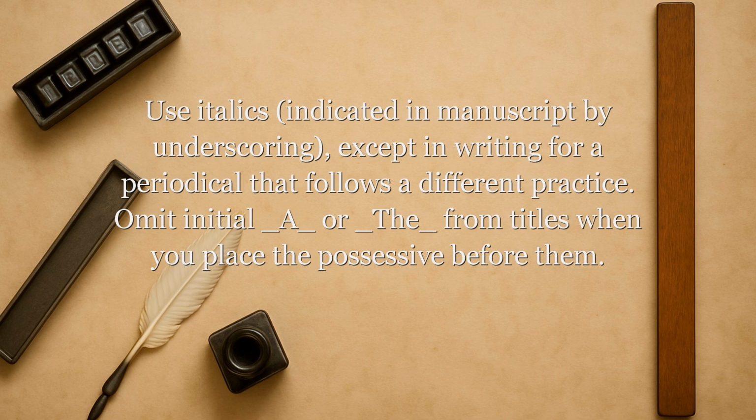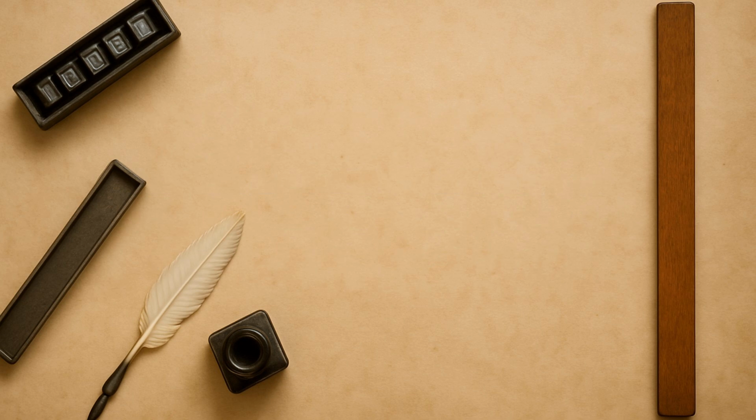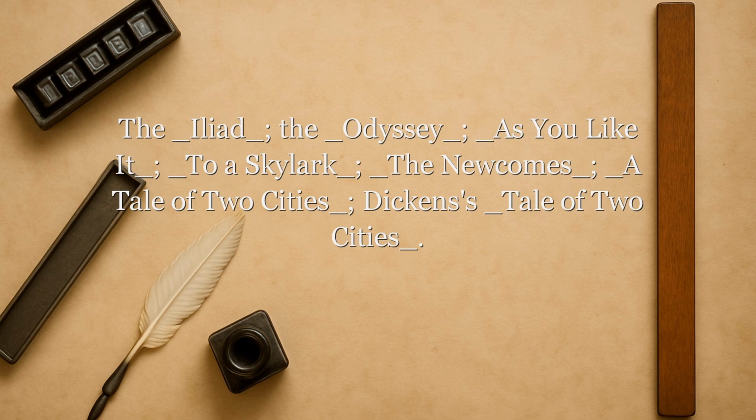Omit initial "A" or "The" when you place the possessive before them: The Iliad, the Odyssey, As You Like It, To a Skylark, A Tale of Two Cities, Dickens's Tale of Two Cities.